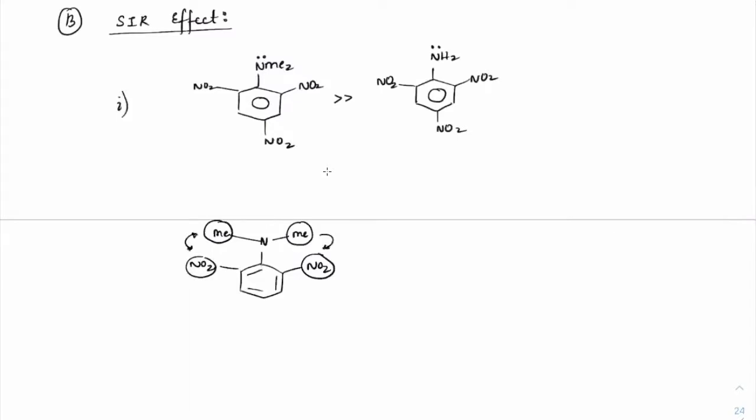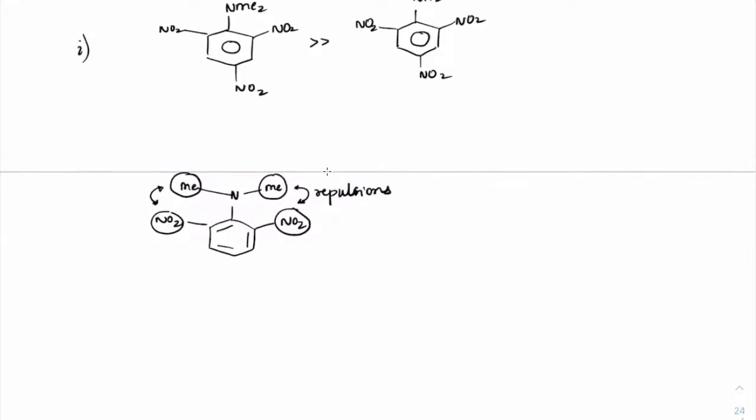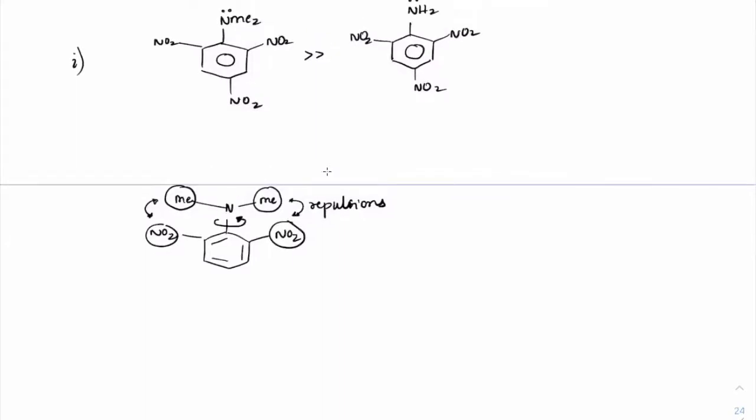Here also they will repel with each other. So due to these repulsions, this bond will rotate, which means nitrogen will rotate and try to become perpendicular to benzene. And once it becomes perpendicular to benzene, the lone pair will not be involved. So this lone pair will be localized now.